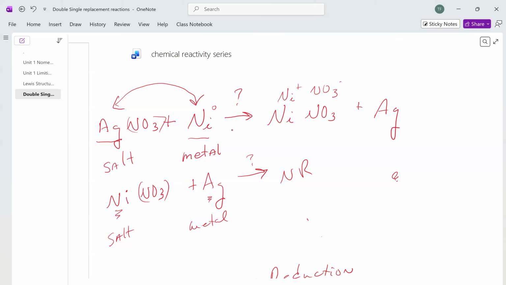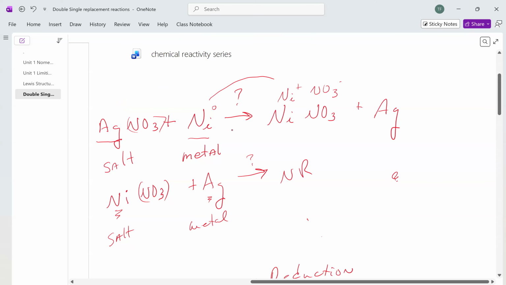So when this happens, you lose 1 electron. In this case, the nickel is being oxidized from nickel metal to nickel +1. So that means that oxidation of nickel is going on.